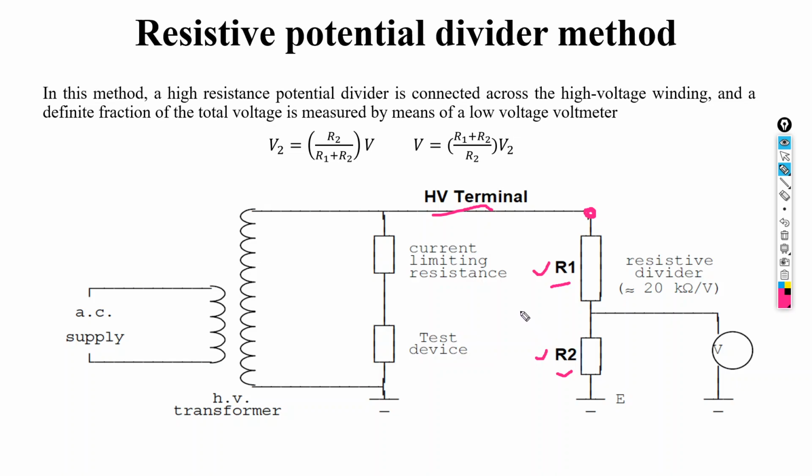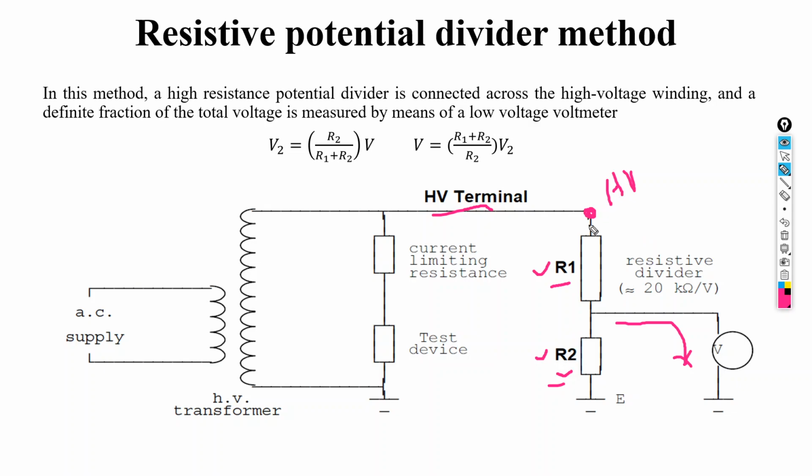The value of resistance R2 is kept low intentionally so that the voltage drop across R2 will be less, and it can be easily measured with the help of our laboratory voltmeter. Here, at this terminal a high voltage is present, and the two resistances R1 and R2 are connected in series.